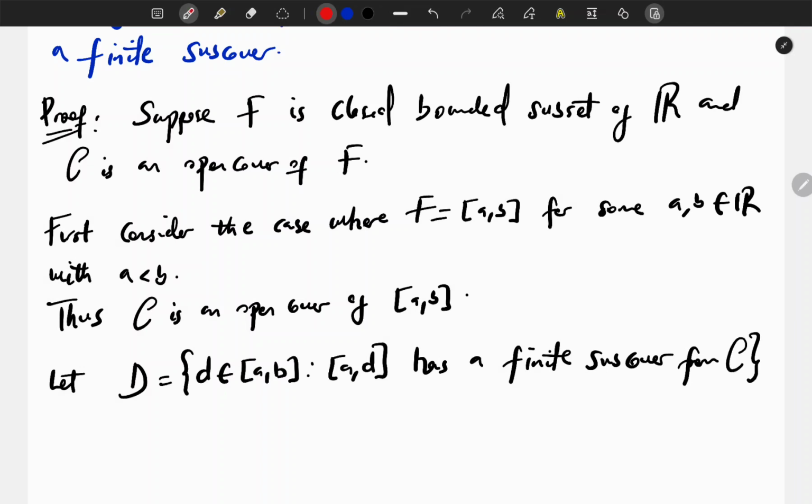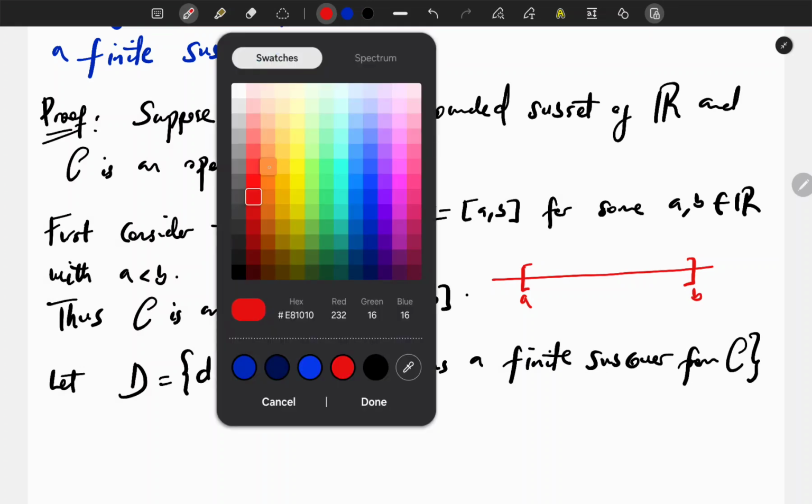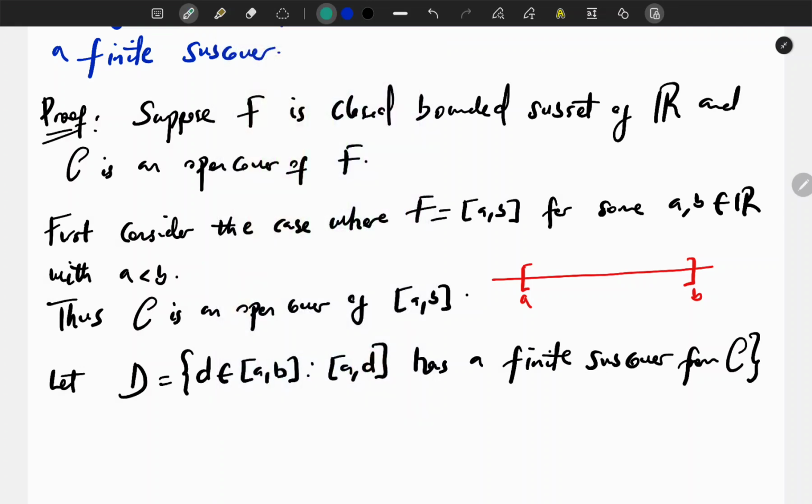Assume that this is our [a, b]. We try to define our D to be a set of points around here, whereby [a, d] has a finite subcover.